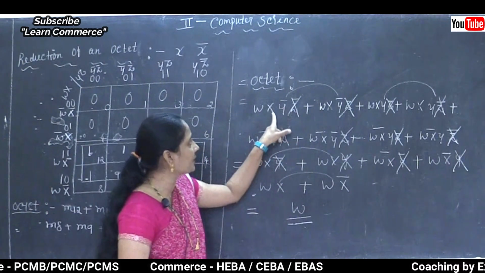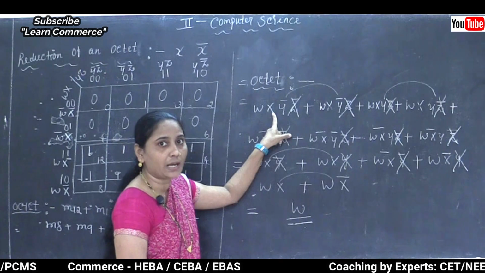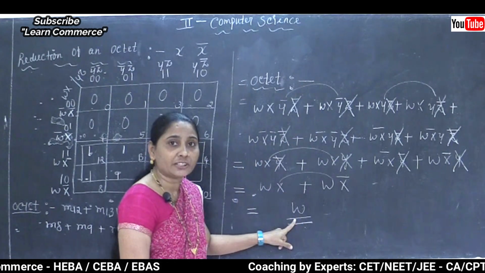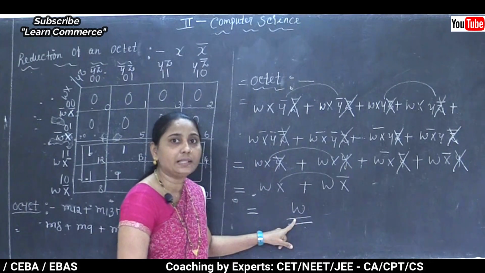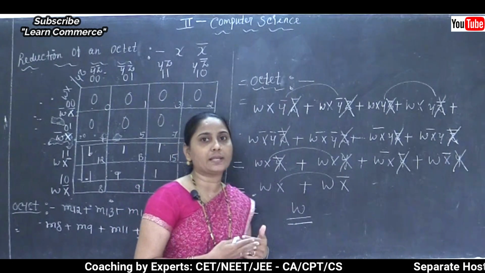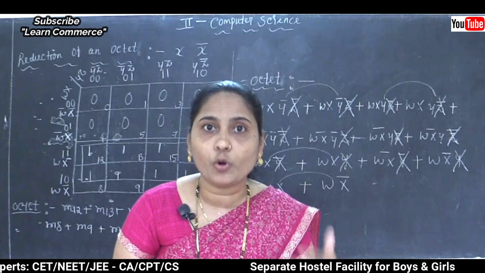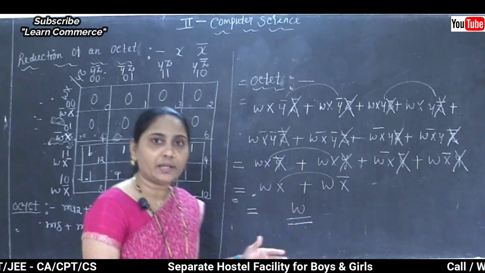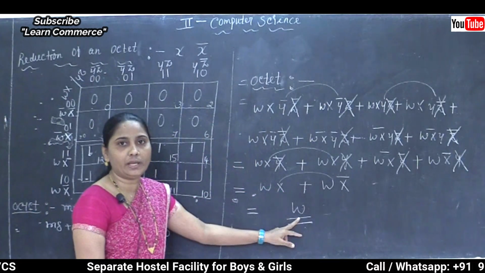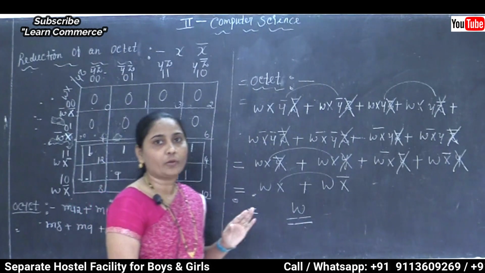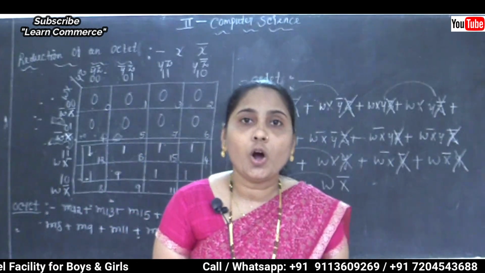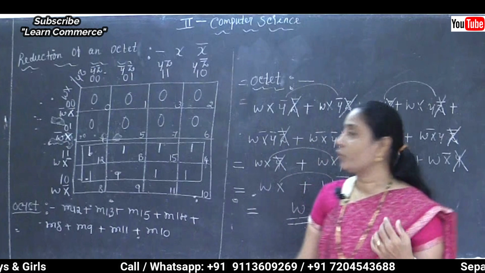In the starting step there are 4 variables in total, but the final reduced expression result is w only. So we can say that we have proved the note of an octet here. The final result is w only. Clear this point here. Like that we find the value of an octet. So this is the note about an octet.